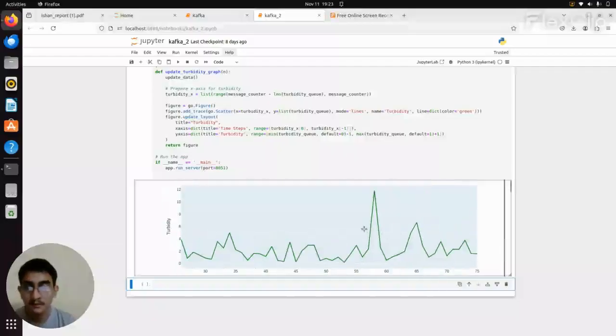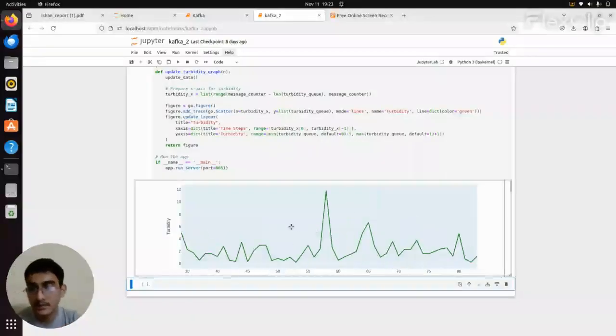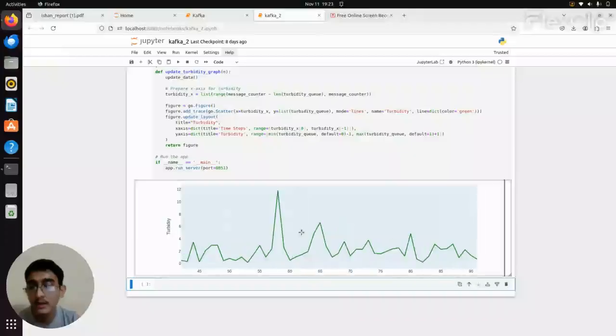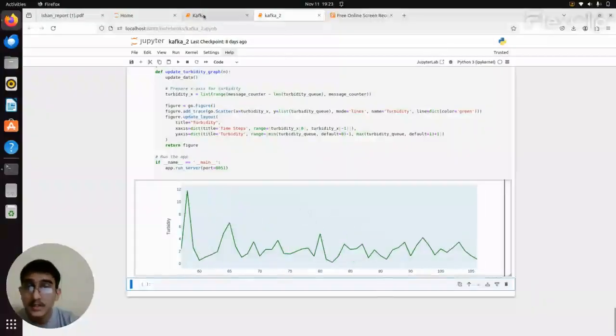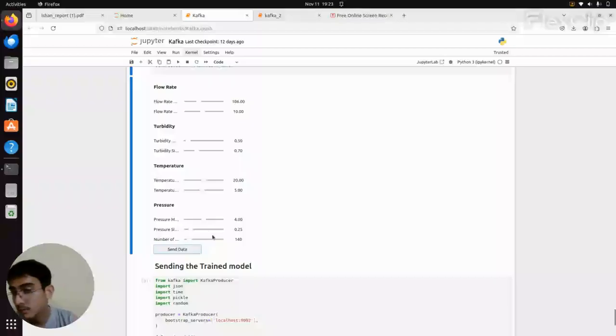We can also see that when turbidity is within a certain range, we are not getting anomalies. But as soon as I tamper with the characteristics of a different feature here, we can see those anomalies getting registered. So let's say I change the turbidity to 1.5 or 1.6, 1.3.